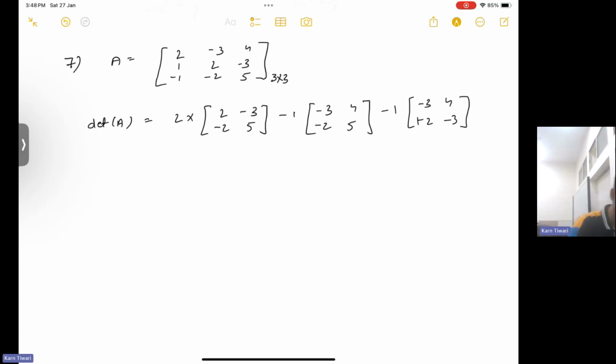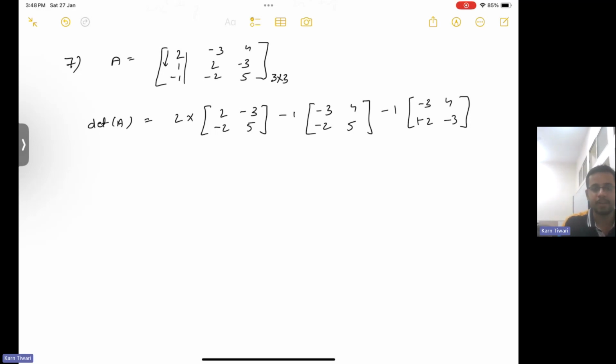So the concept is that if you are expanding along a row, take one element, remove that particular row and particular column, and write the remaining determinant, meaning the remaining matrix. So that's what I did.